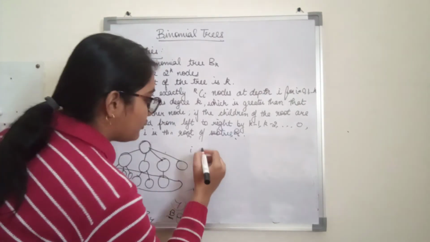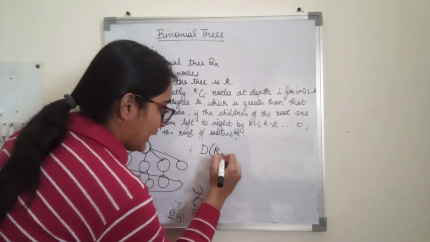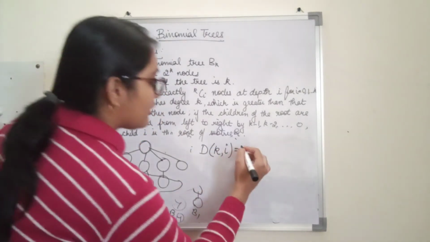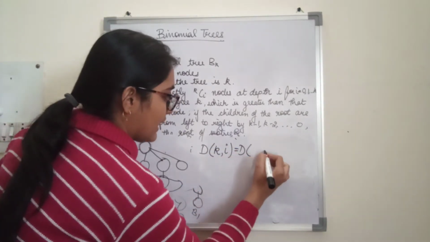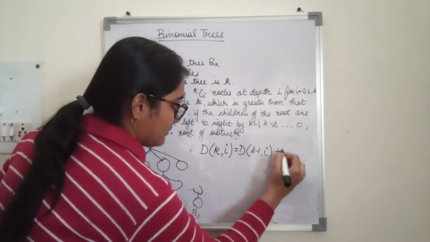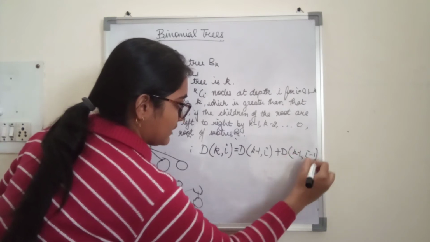Let D denote the number of nodes at depth I in BK. This is equal to the number of nodes at depth I in B(K-1) plus the number of nodes at depth I-1 in B(K-1).